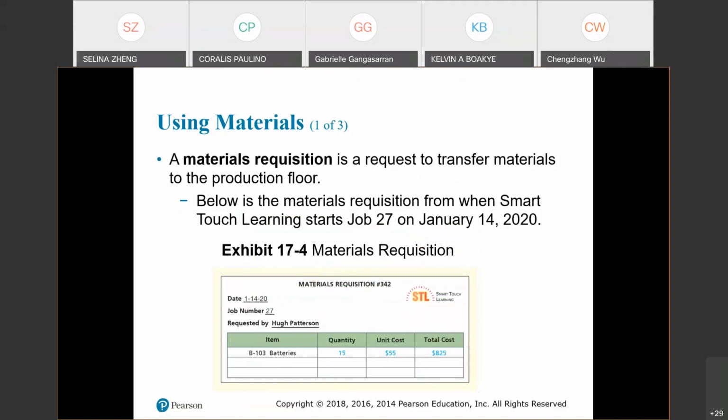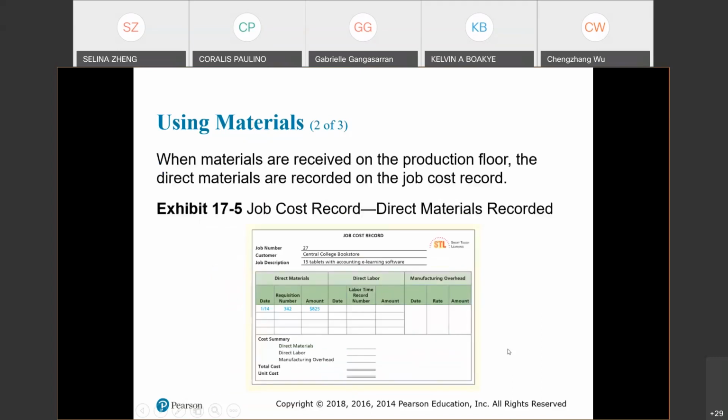So here in the job cost record, it needs to record this transaction right here. On January 14th, it requests the direct materials for $825.